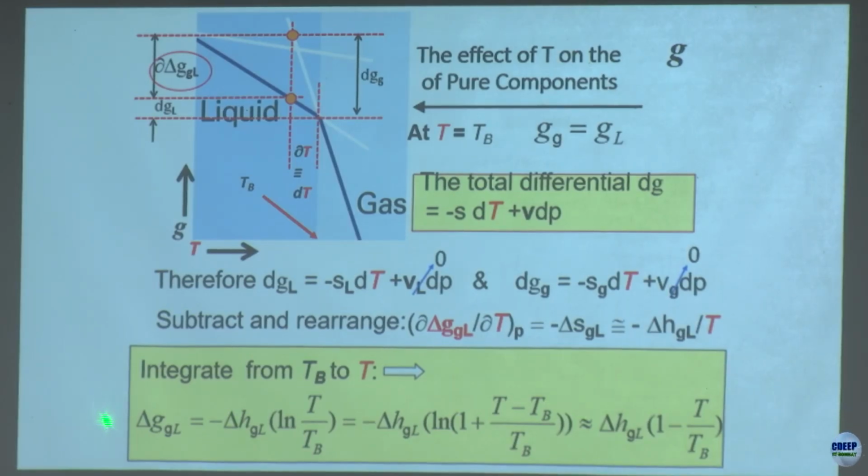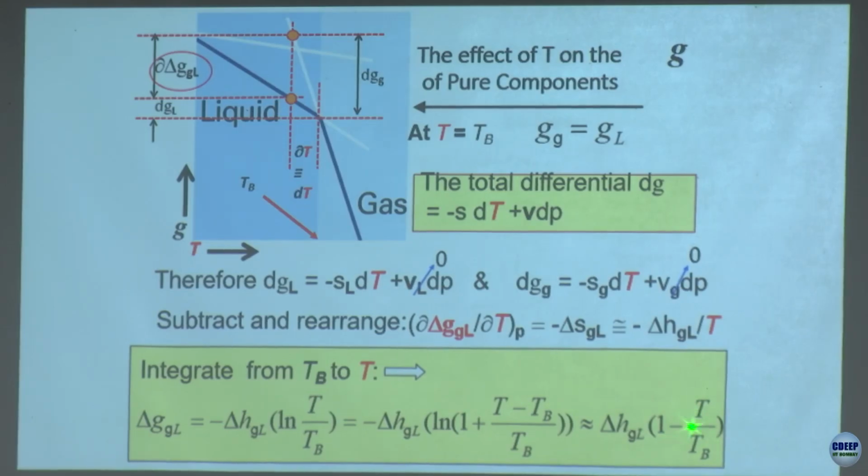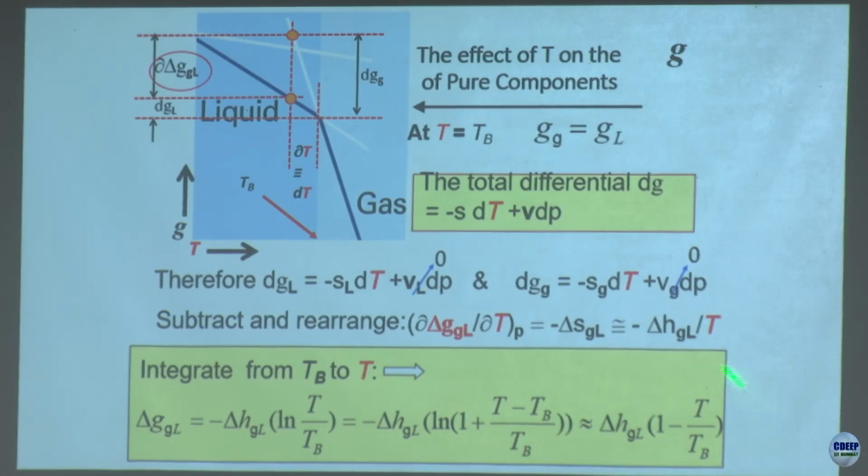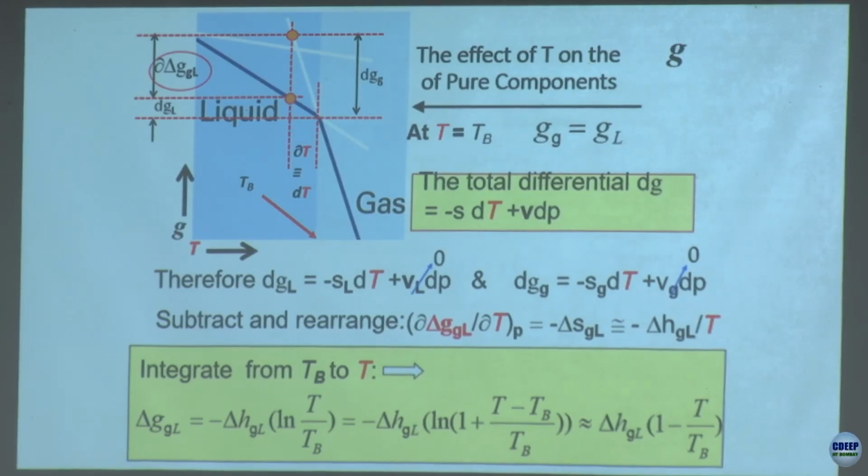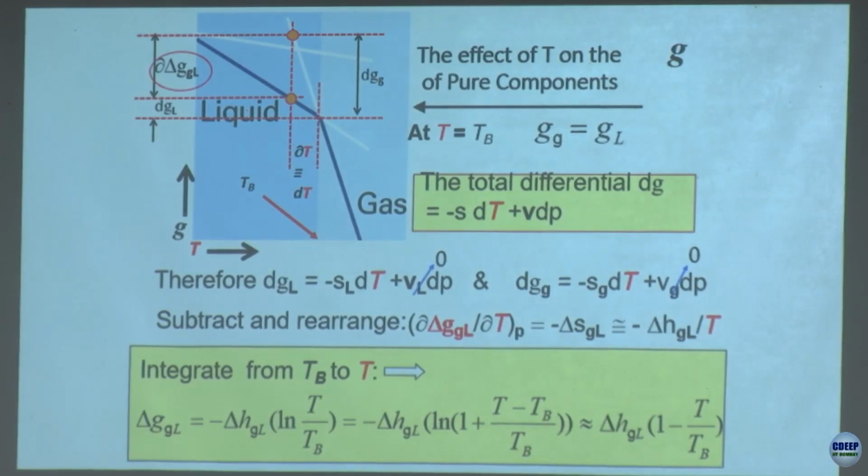Okay. So delta GL is nothing but the enthalpy of phase transition given the TB here, and for any temperature T, you take any temperature T, and this expression are identical. Now here one assumption is there that the latent heat of vaporization is constant during this integration, which is not necessarily true if you go to a very large difference in temperatures.